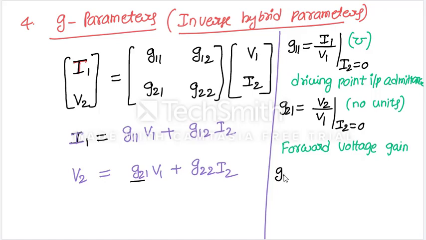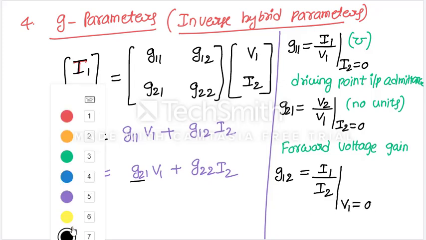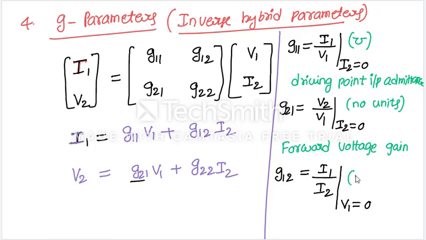Next, G12. G12 is I1 by I2 when V1 equals 0. And what are the units?